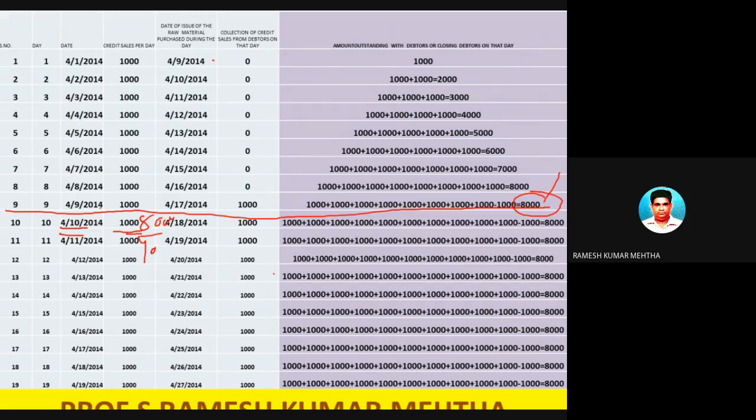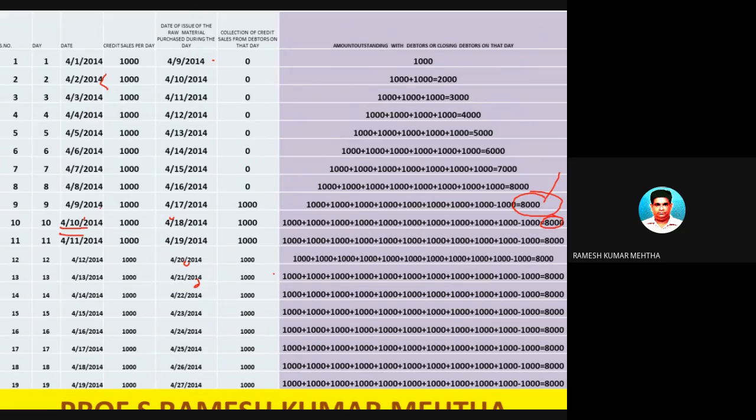But remember, the sales which were made on that particular date, 1000 rupees, are going to be received. I have received 1000 rupees, so I will deduct 1000 rupees. So outstanding is 8000 rupees. Hope you understood up to this stage.